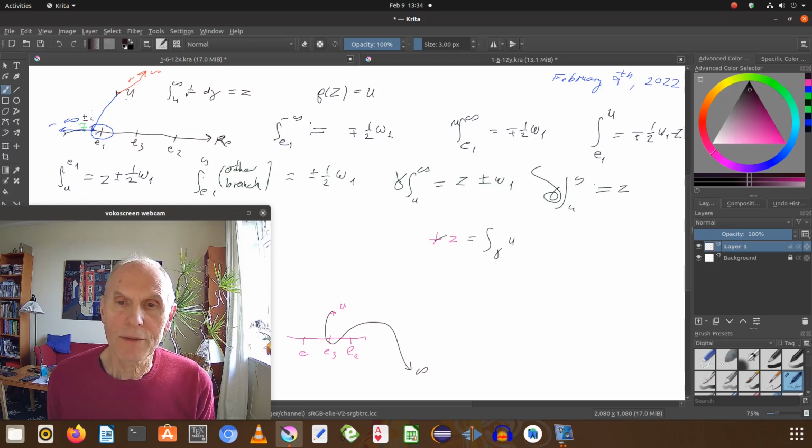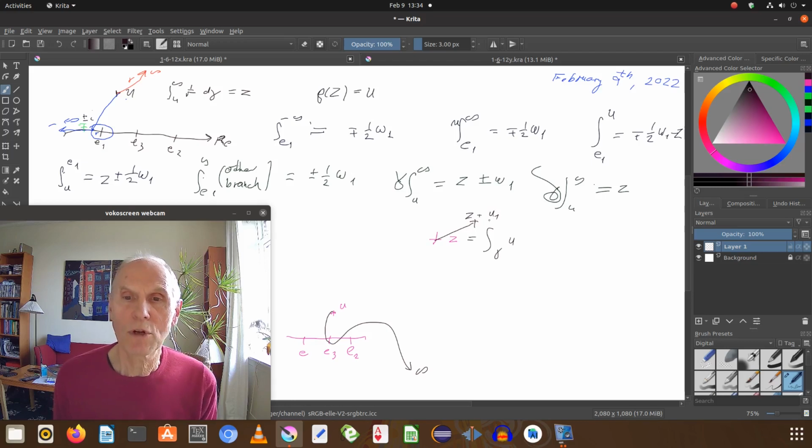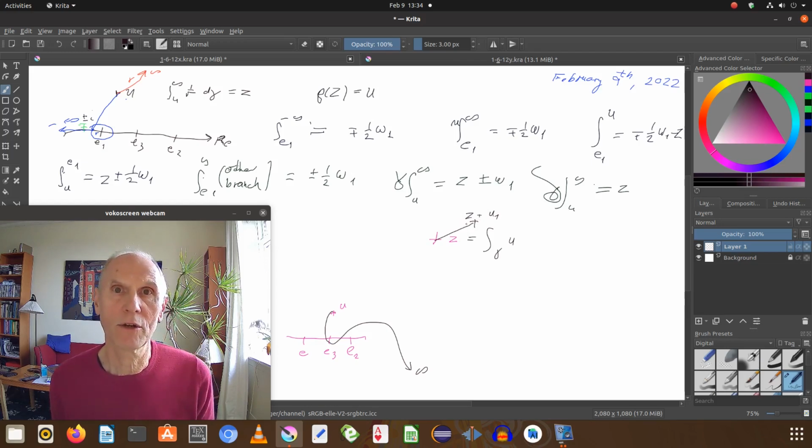Then we take set plus u1, any of them, and then we want to find a path to get this. That's very easy. We had that in problem 11.